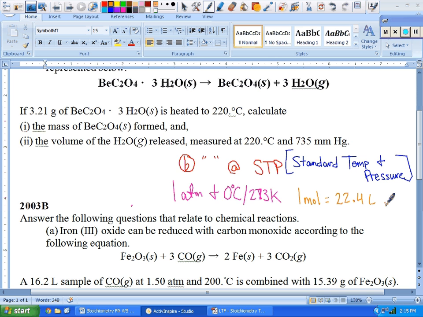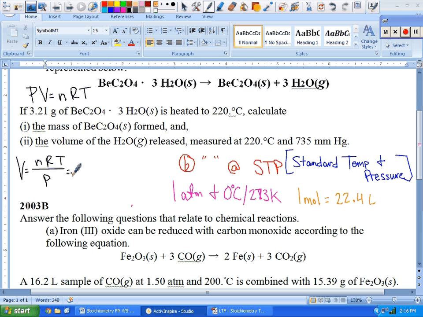Just a minute ago, I showed you PIV-NERT, or the ideal gas law. PV equals nRT. Here's what I want you to do. We've already said this once. V is equal to nRT over P, correct? This purple stuff here are the conditions. That's the standard temperature and the standard pressure.